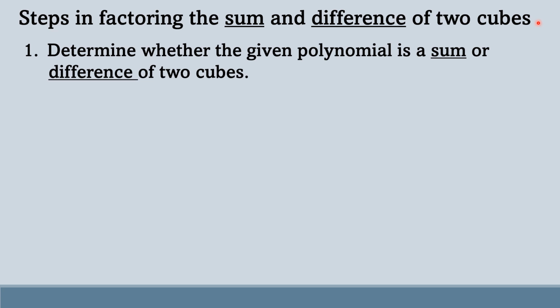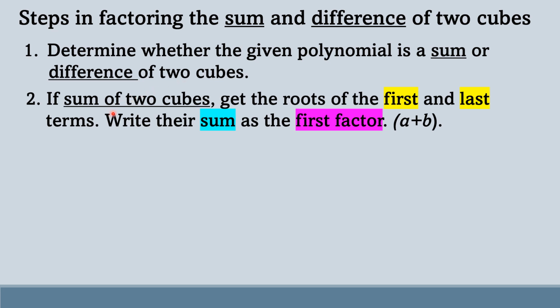Now, in factoring the sum and difference of two cubes, we have to follow these steps. First, we are going to determine whether the given polynomial is a sum or difference of two cubes.